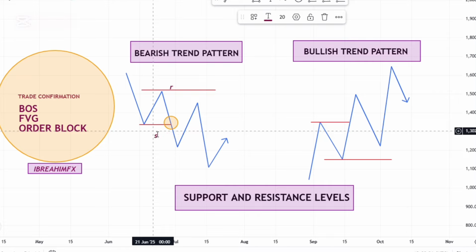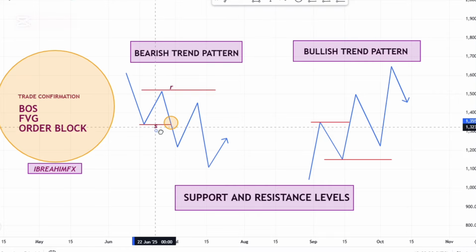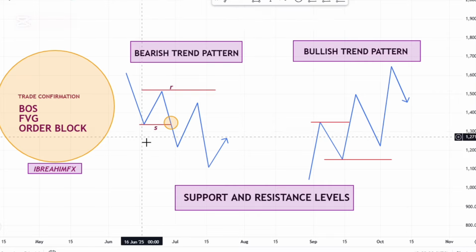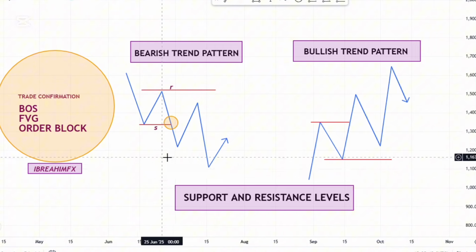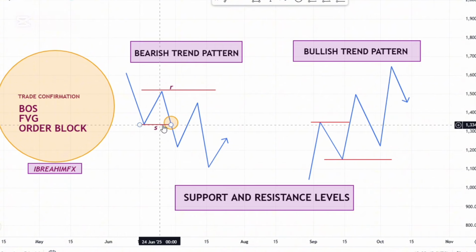Right here, the market breaks a support level, which identifies that we are in a bearish trend. So after we have a break of structure, this is our break of structure. Once a market breaks a support or resistance level, that creates our break of structure.